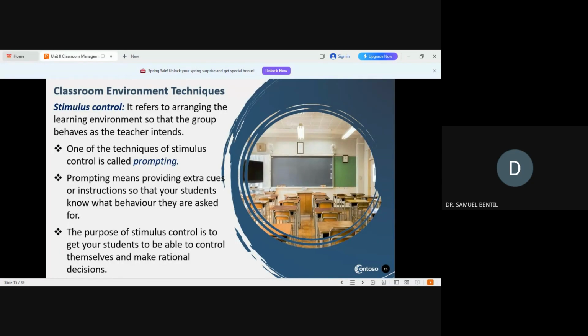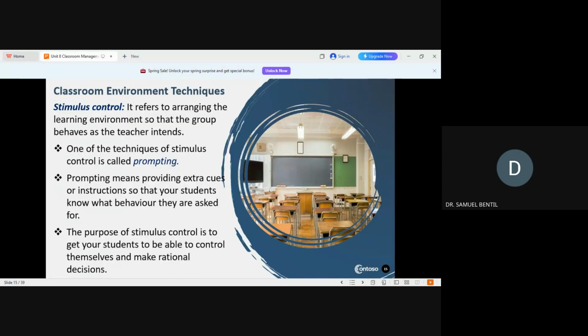So the stimulus control are certain measures or things you put in place to govern or to guide learners to achieve a certain intended behavior you want them to exhibit. It's just like it's from the behavioral school of thought, the stimulus and the response, S-R. So the kind of stimulus you provide will determine the response you are going to get.